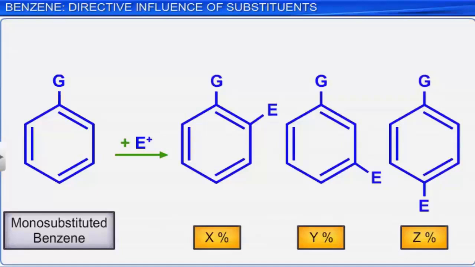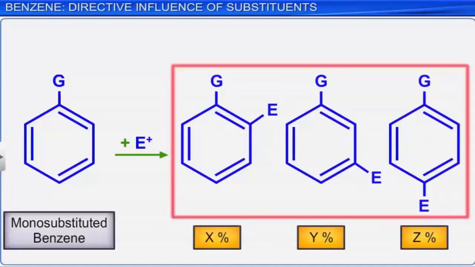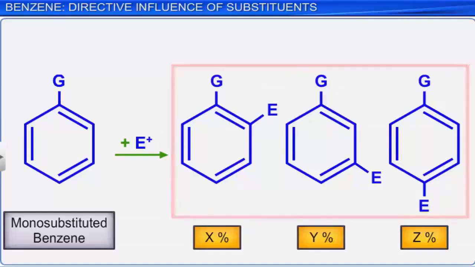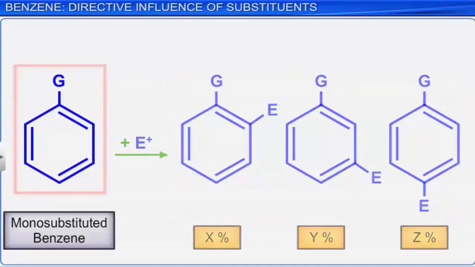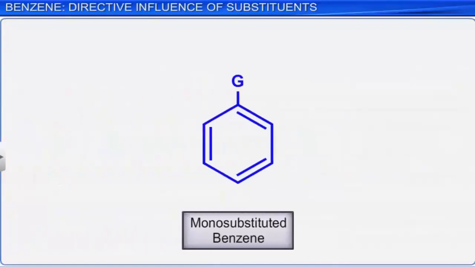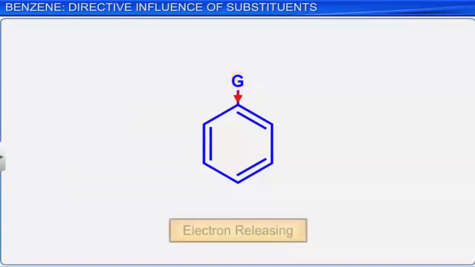The disubstituted product formed in major amounts depends on the reactivity of the monosubstituted benzene. In turn, the reactivity of the monosubstituted benzene depends on the nature of the group that is present on the ring. A group can be either electron-releasing or electron-withdrawing.